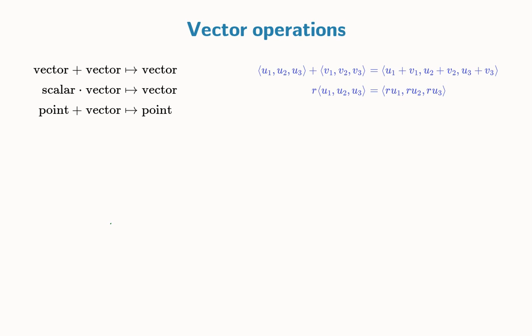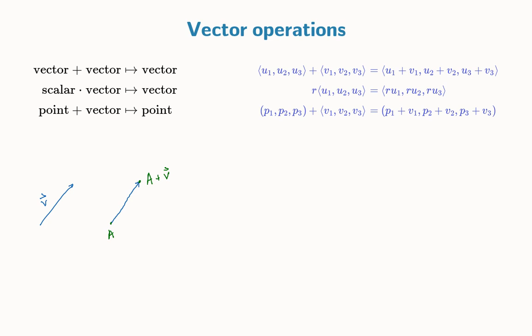So if A is a point and V is a vector, then to add V to A, what we'll do is draw V starting at A, and then the endpoint of that is what we call A plus V. And algebraically, to add a point to a vector, we just add the components together, again, in each slot individually. So this looks a lot like the first line, but it's actually a little bit more subtle, which I'll mention in a second.